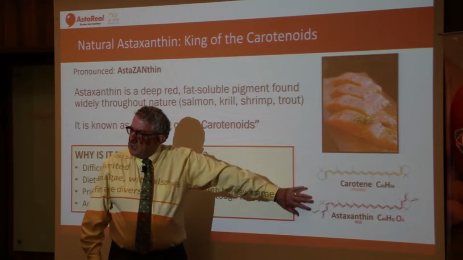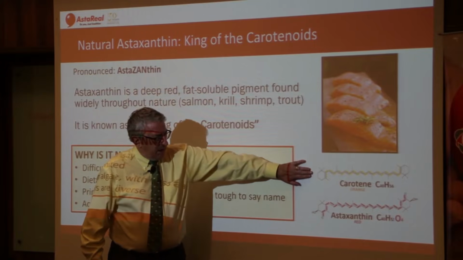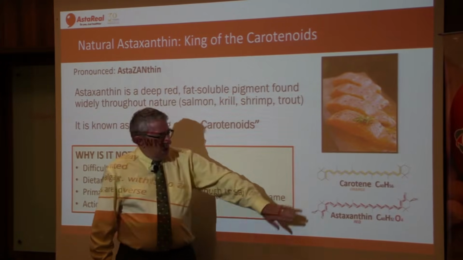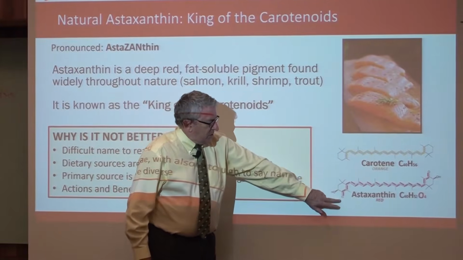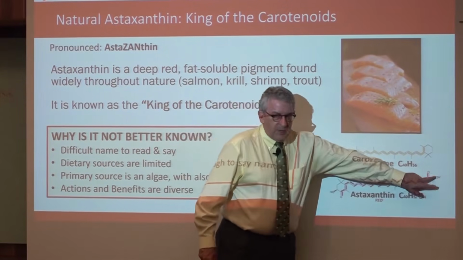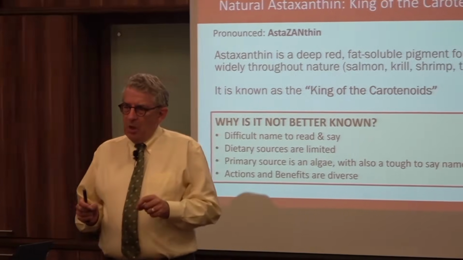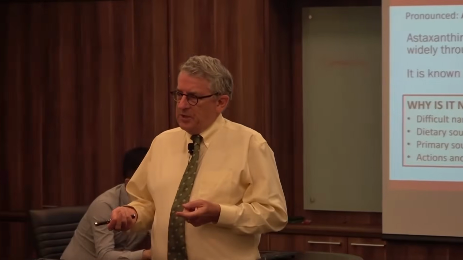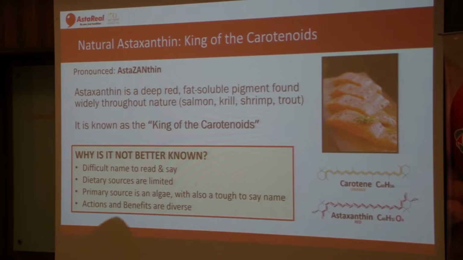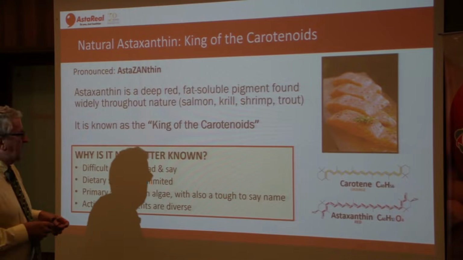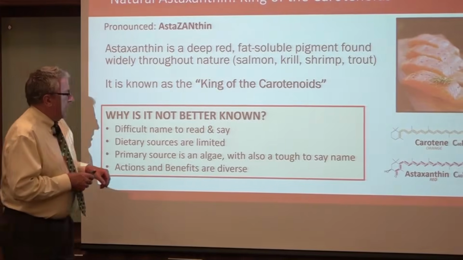It's very similar to beta-carotene here, labeled in orange. And astaxanthin is very similar, except it's got these polar groups at both ends of the rings. They are essential for some of the unique characteristics of astaxanthin over beta-carotene. So that little bit of change is absolutely critical.